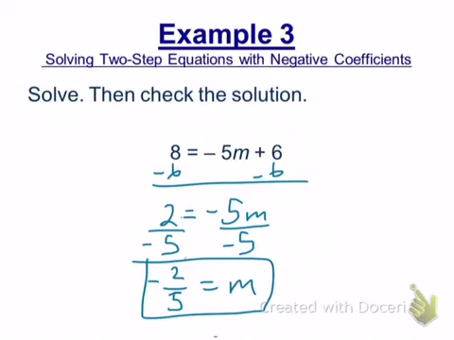Now watch what happens if you substitute this in fraction form. You get 5 times negative 2/5. Look what happens to the fractions. The 5's cancel, and you get positive 2. So the fraction ends up working really nicely even when you check it.